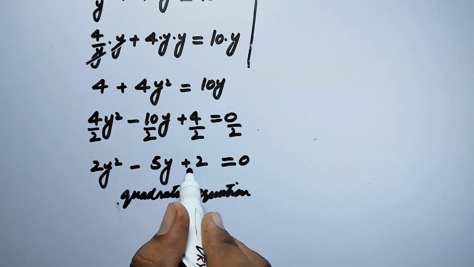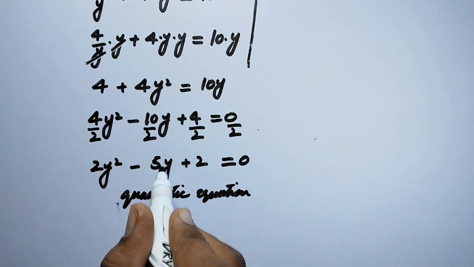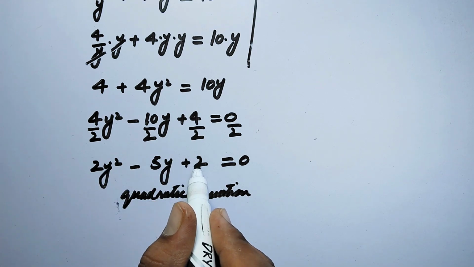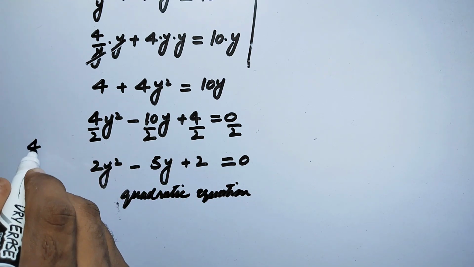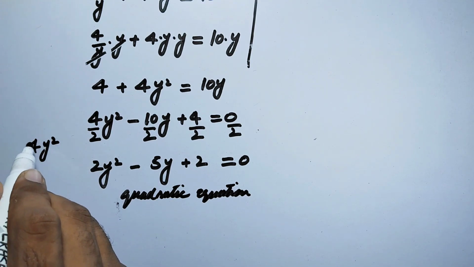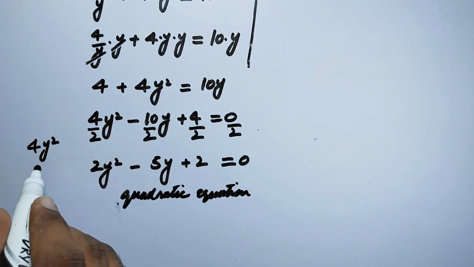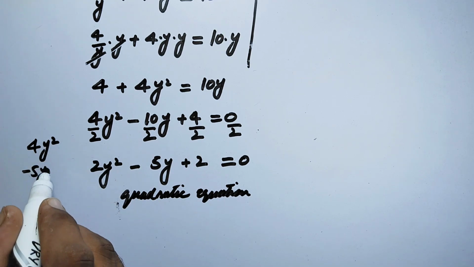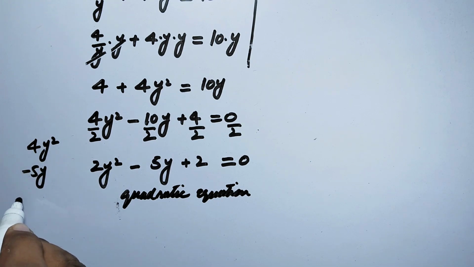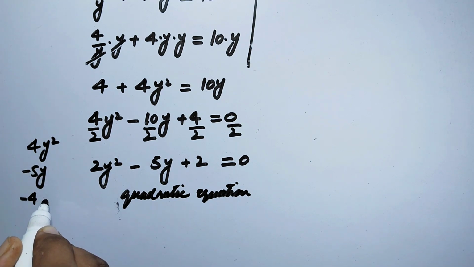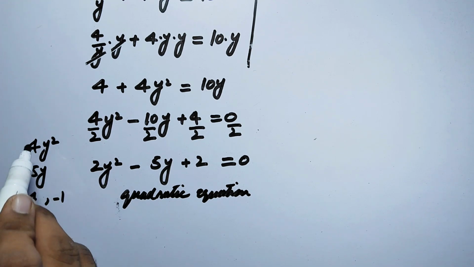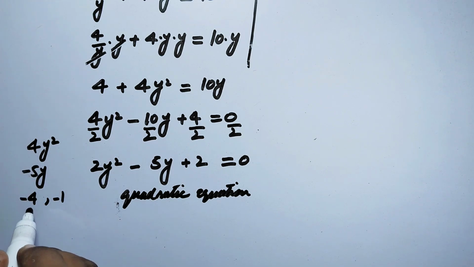So by factorization we have to choose two numbers whose product will be, as here 2 times 2 is 4, 4y square, and whose sum should be minus 5y. So if we take two numbers minus 4 and minus 1, their product will be 4 and their sum will be minus 5.